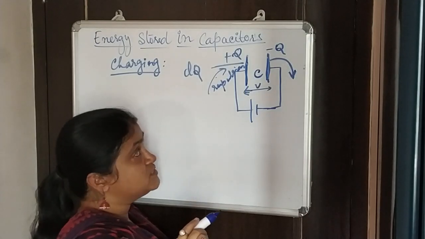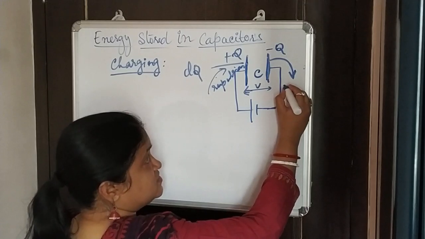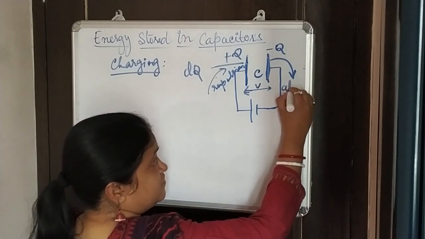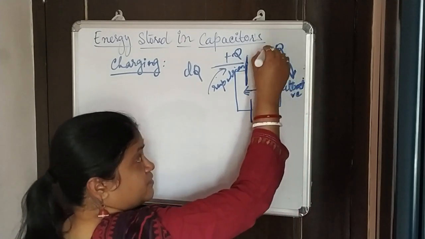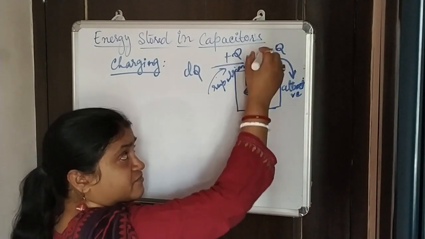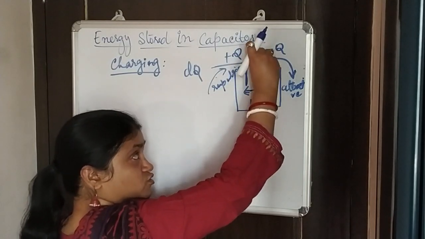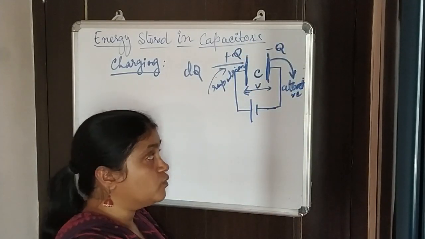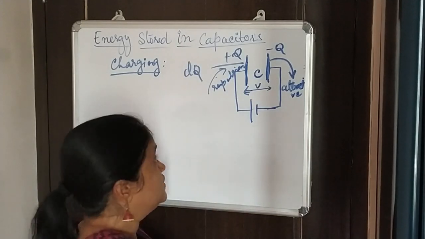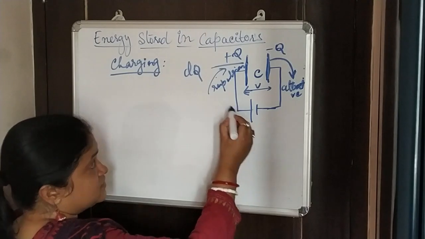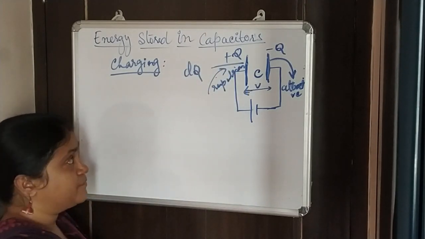To pull it out, it has to work against an attractive force, because we know that positive charge and negative plate will have an attractive force. For that, the battery has to do the work.